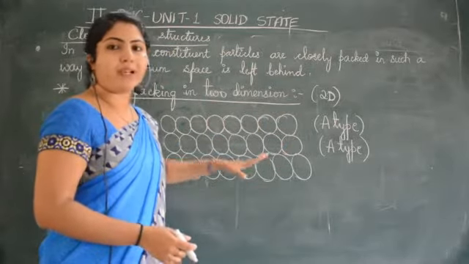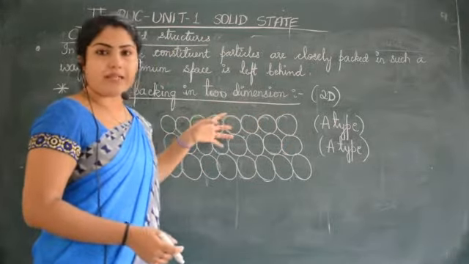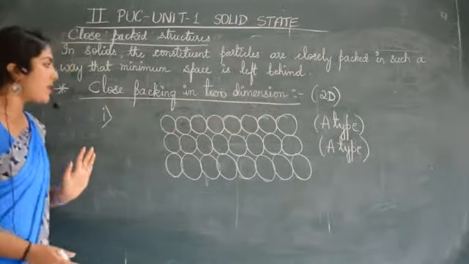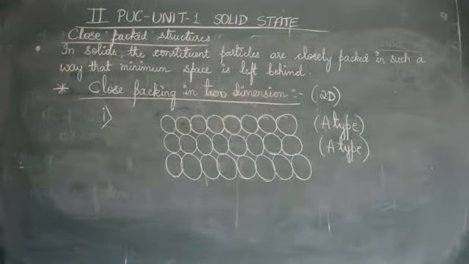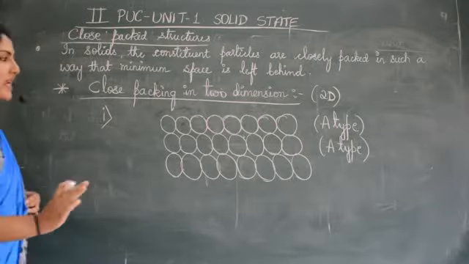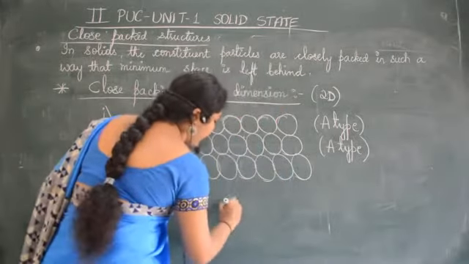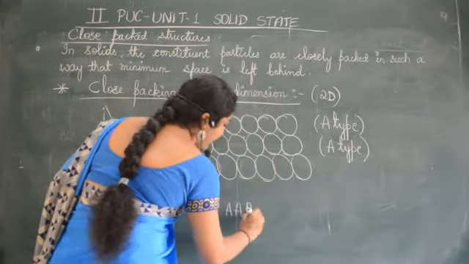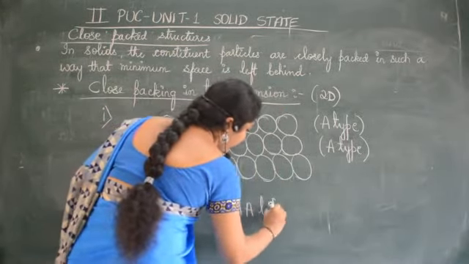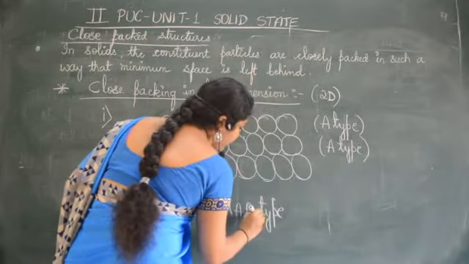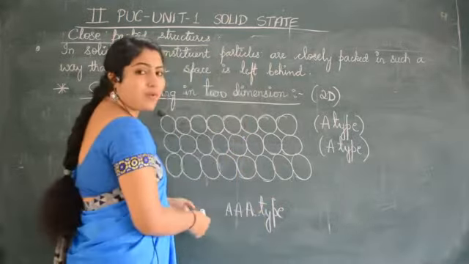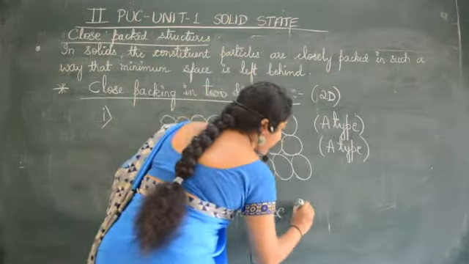So above one layer, one more layer will be stacked like this. Clear? So this is about close packing in two dimension. Here the spheres of two rows are aligned horizontally as well as vertically. Now this type of arrangement is called AAA type arrangement. That means the same layers are going to continue, right? So we write AAA type arrangement.